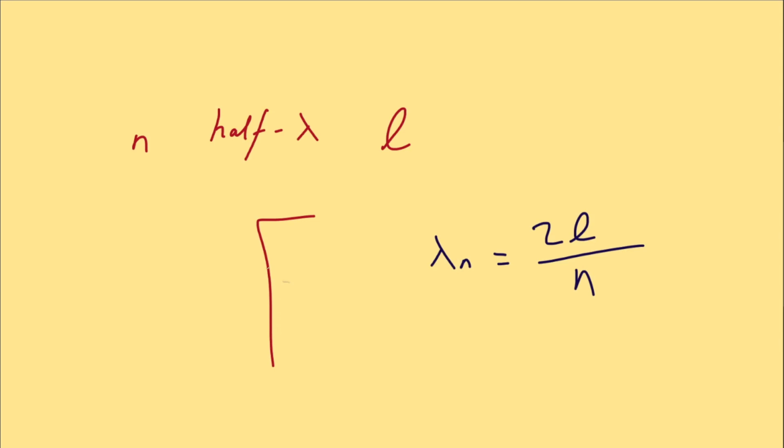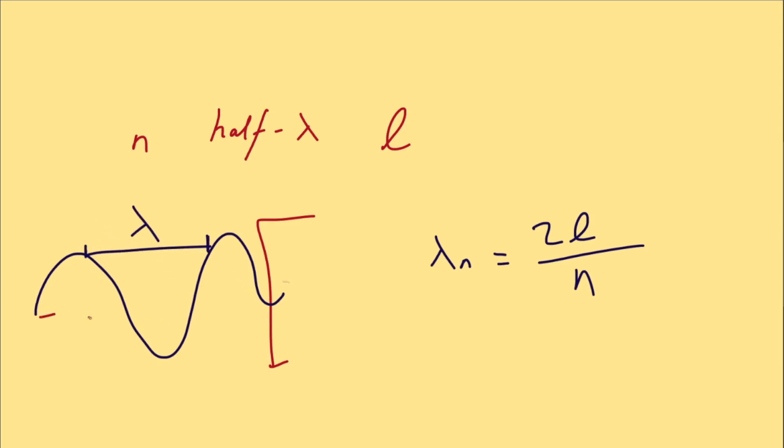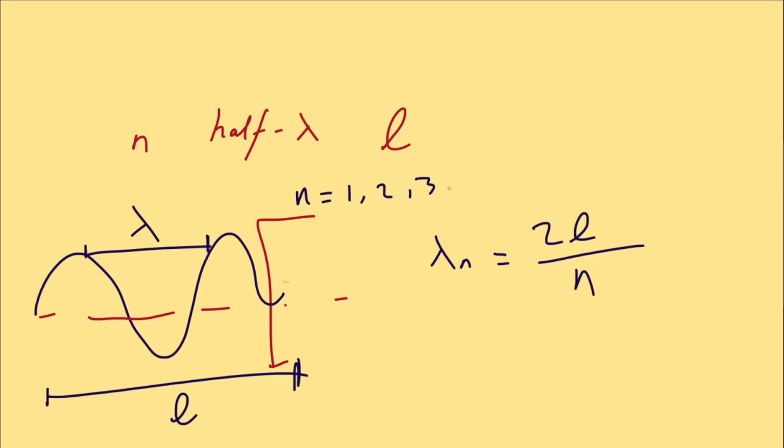Imagine our rope again. We love our rope. It's a wave traveling along like that. This here is the wavelength, right? The distance between the peaks. This here is the total length of the string. And n is equal to 1, 2, 3, up and up and up. n is whatever we want.